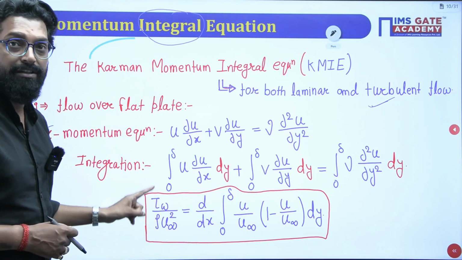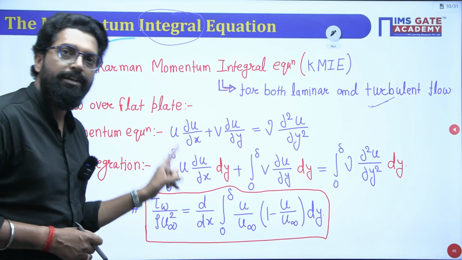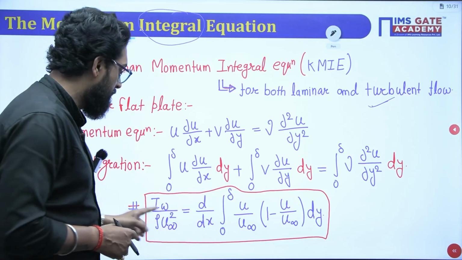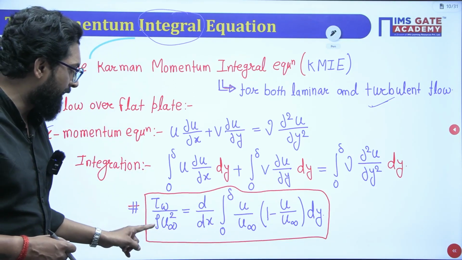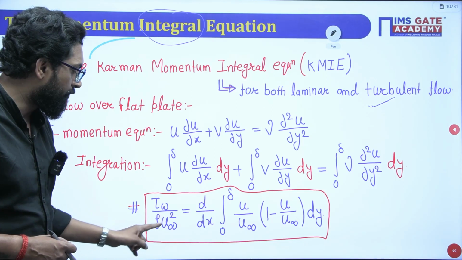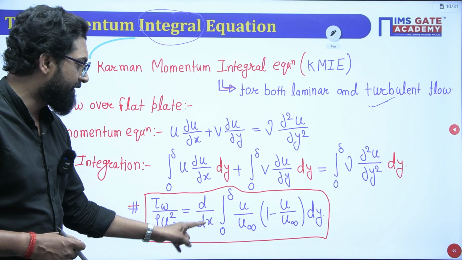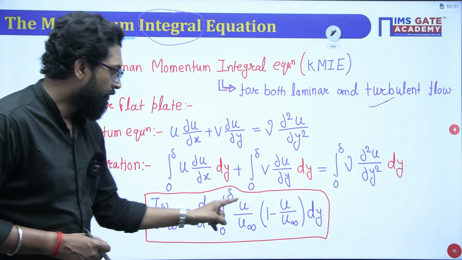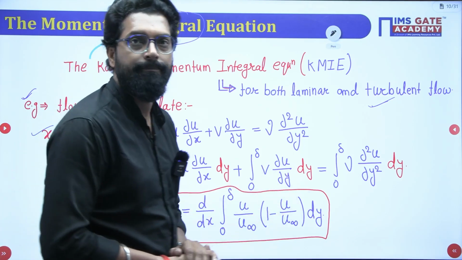That equation is the von Karman integral equation, that means the momentum integral equation. If you integrate the boundary layer momentum equation, finally the equation derived is wall shear stress divided by rho u infinite square, u infinite being the free stream velocity, is equal to d by dx of the integration from 0 to delta of u by u infinite into 1 minus u by u infinite dy.